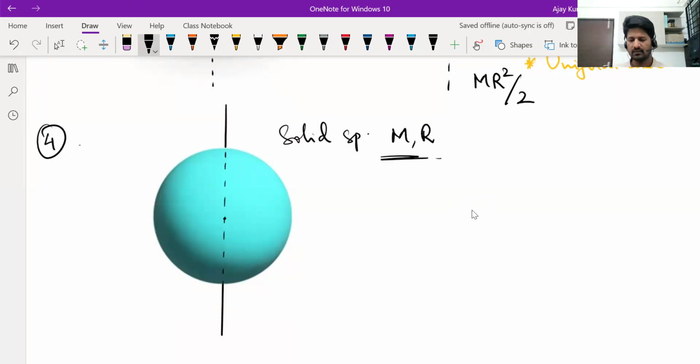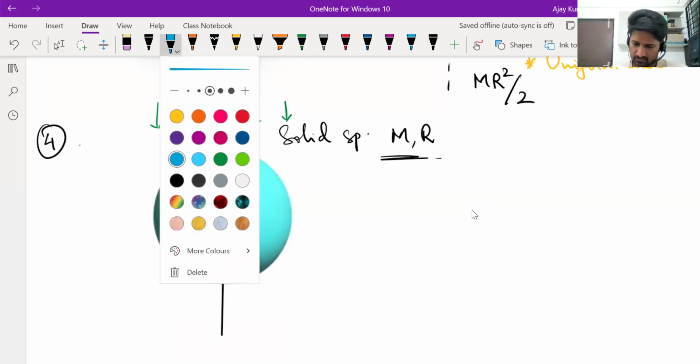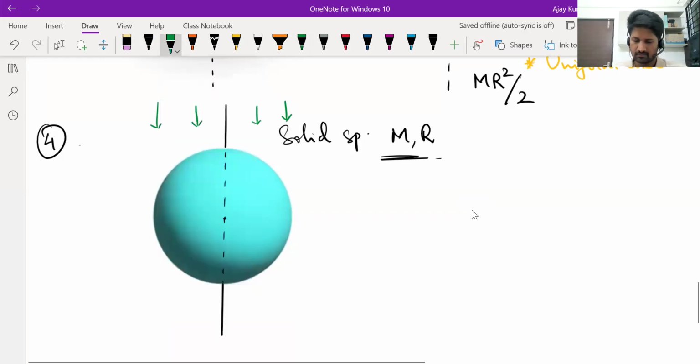Okay. Now let's use this compression idea here. If you compress the mass of a solid sphere parallel to this axis, can one of you tell me what it becomes? Just squeeze a solid sphere onto one plane.